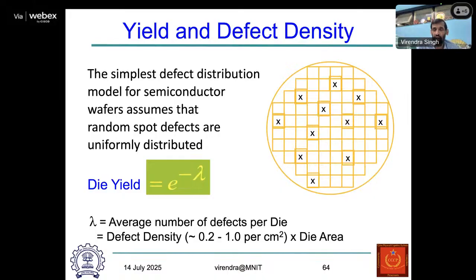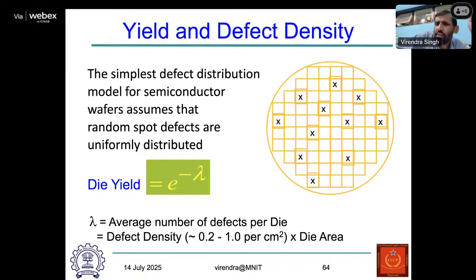If I make a die, and it's a very important point one has to understand, I have to manufacture this die over a wafer. Now a wafer is large. Today we can process a 12-inch diameter wafer, and a 12-inch diameter wafer can have a large number of chips.